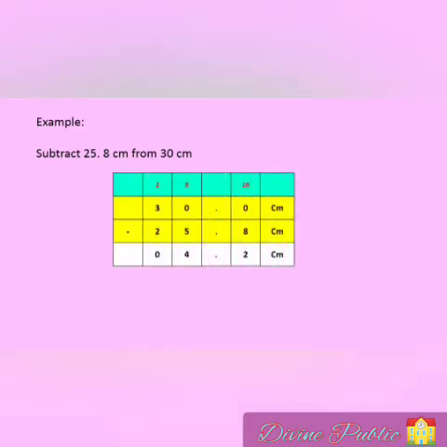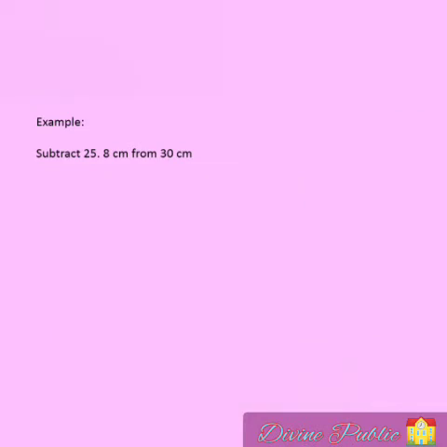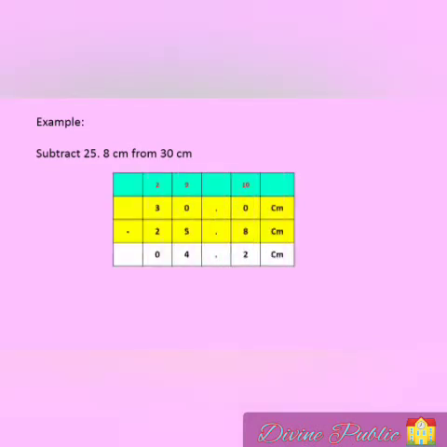Firstly, we have to arrange all the numbers in the column and subtract 25.8 from 30. After subtraction, we will get the difference 4.2 centimeter. Hence 30 centimeter minus 25.8 centimeter is equal to 4.2 centimeter.